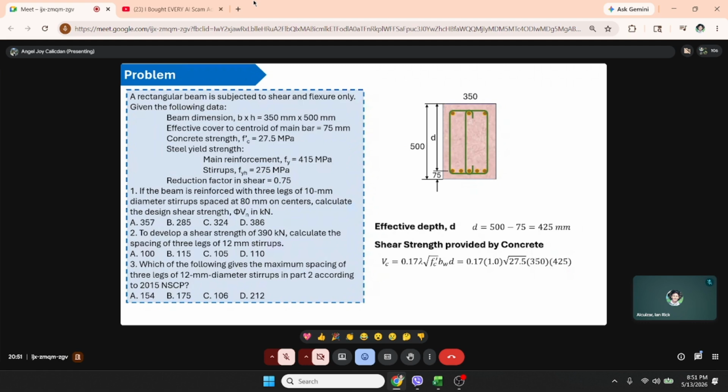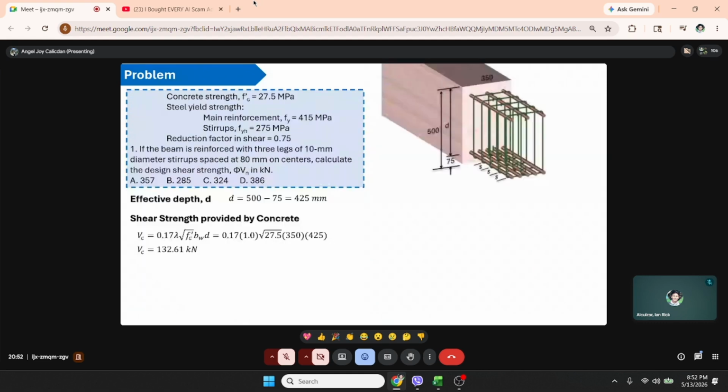So lambda is 1, FC prime is 27.5, bw is 350, and d is 425. So we have Vc equal to 132.61 kilonewton.